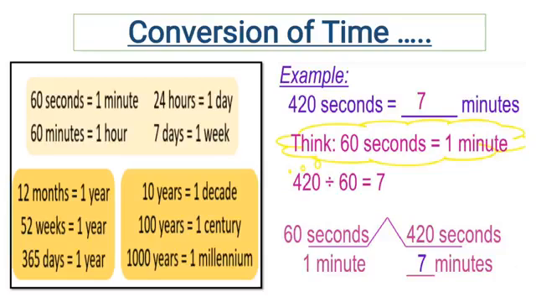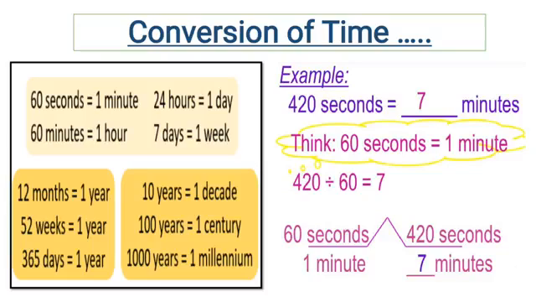Now comes this slide, conversion of time. Here you see these relations: 1 minute is equal to 60 seconds, or you can say 60 seconds is equal to 1 minute, 60 minutes is equal to 1 hour, 24 hours is equal to 1 day, 7 days is equal to 1 week.